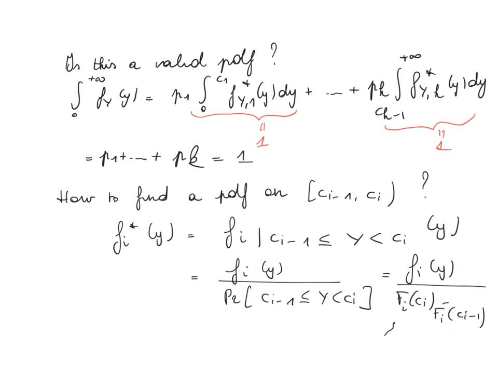So that's how we can do this. And of course, this construction is then only defined for y values in between c_{i-1} and c_i. So this is what we're going to use for the building blocks in our spliced model. That's how we can put this together.